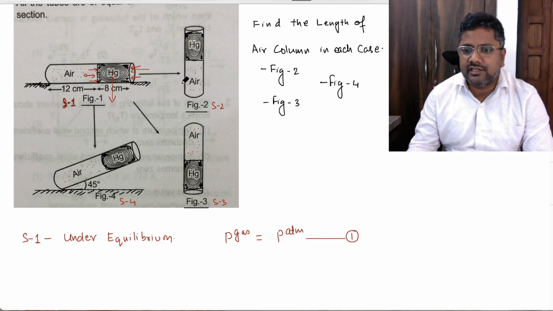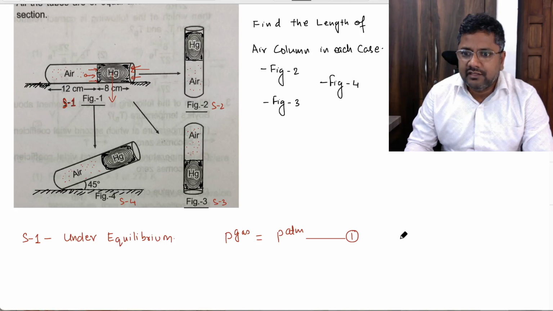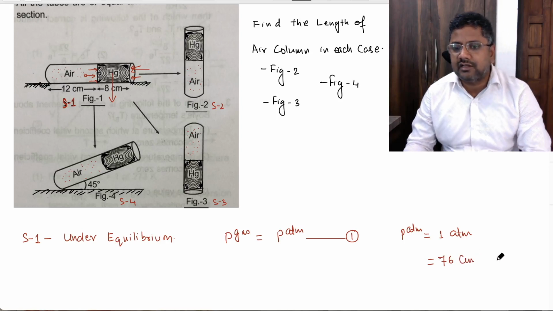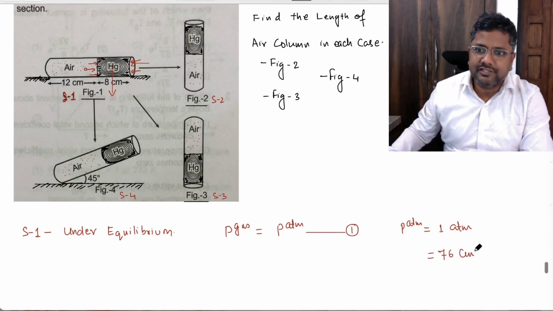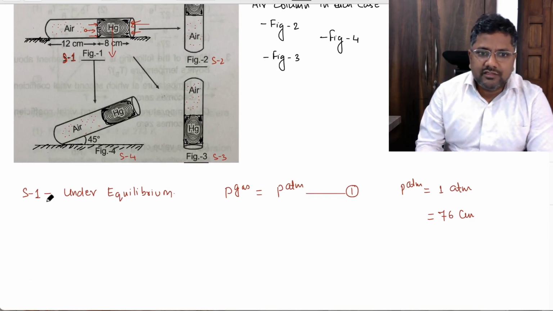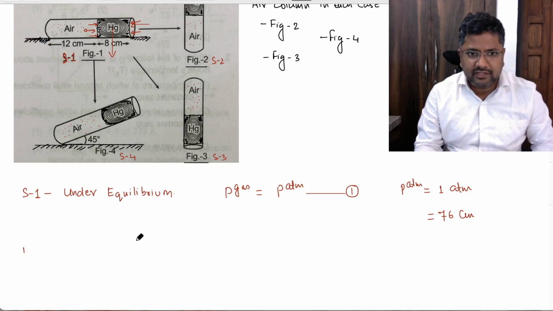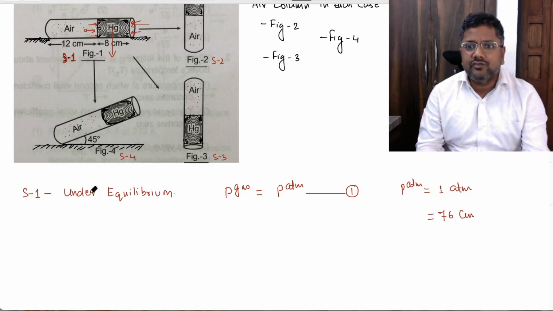See, in the question no atmospheric pressure is given, so you can take P atmosphere equal to 1 atm. Now this you can write as 76 centimeter of mercury height, right? 76 centimeter. So in the initial state, figure 1, state 1, we can use Boyle's law.